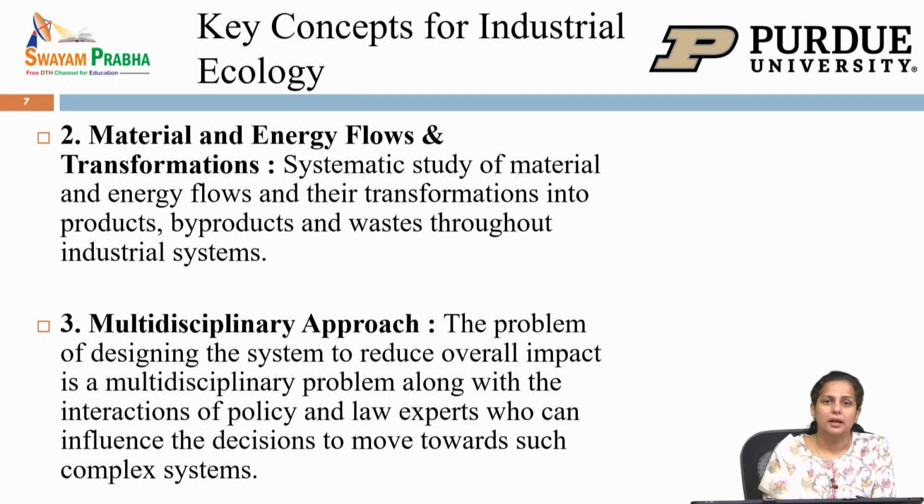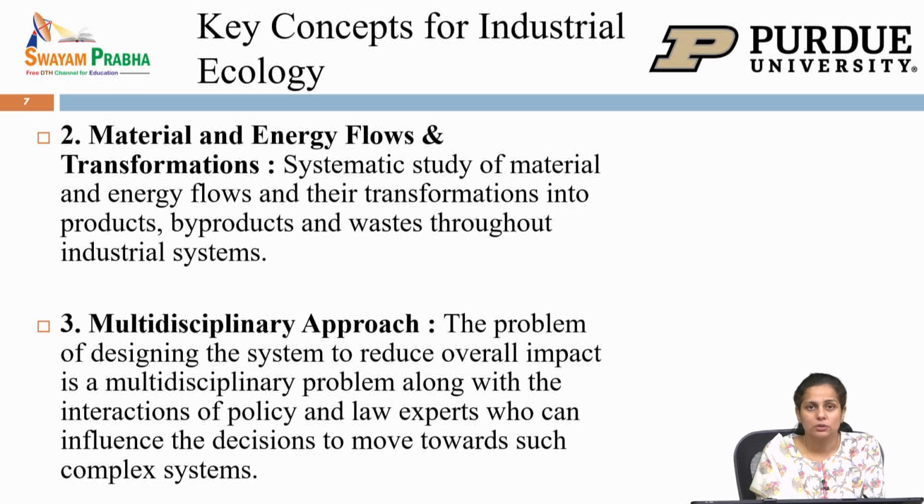The second aspect of the concepts for industrial ecology is the material and energy flows and transformation. Since inherently, when we are looking at industrial ecosystems, or multiple industries that are interacting with each other, they are exchanging materials with each other. So, your second step, after you select the integrated industrial ecosystem, is to look into the material and energy transformation.